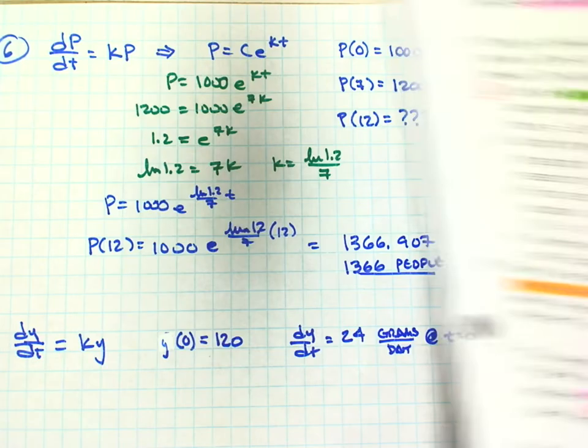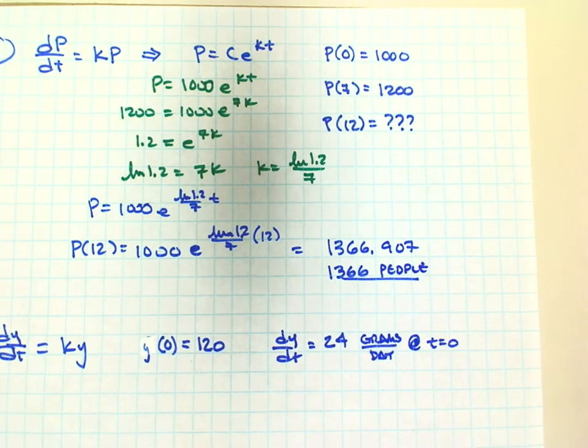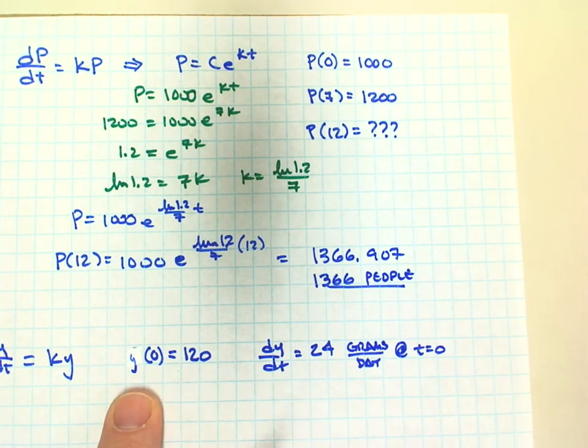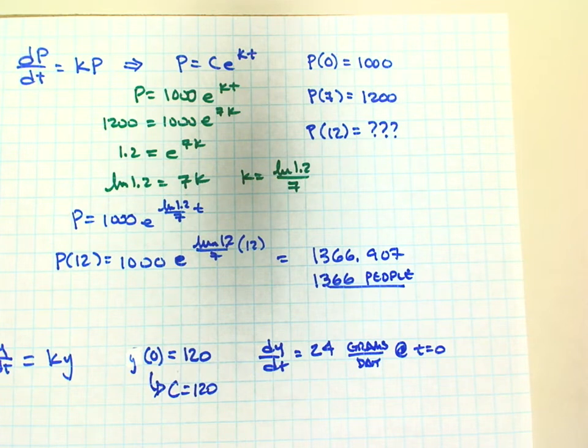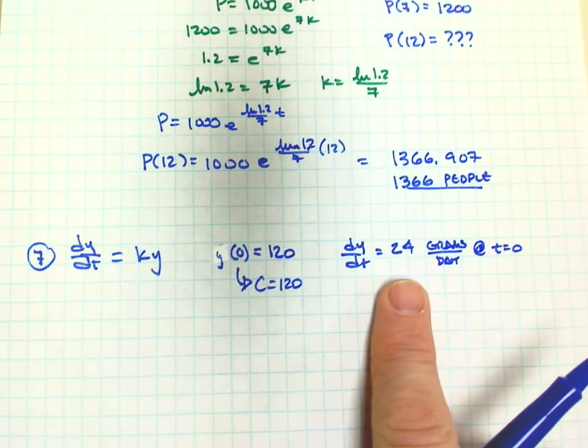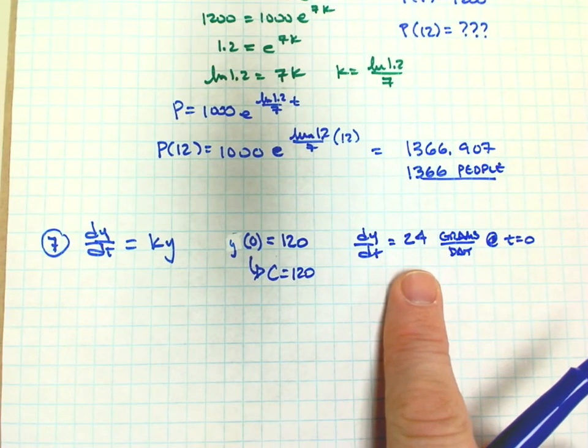So, based upon what we have, y sub 0, the initial condition, gives us 120. So based upon that, we know that C is going to have to be 120. And then we can actually solve for y because they give us dy/dt.